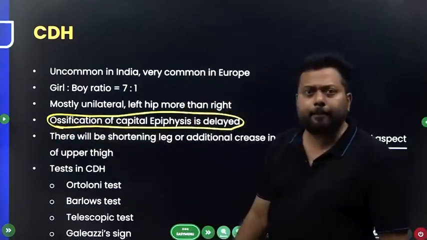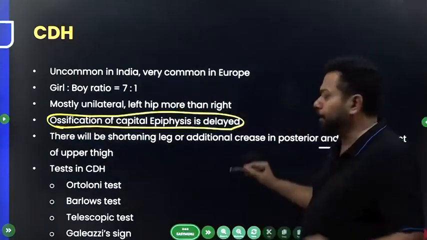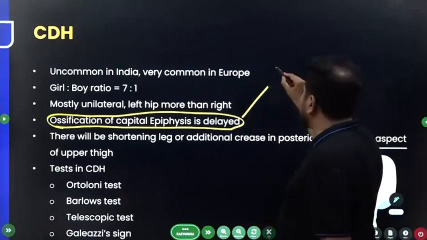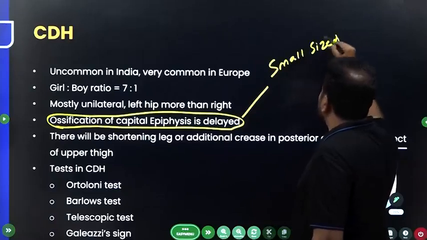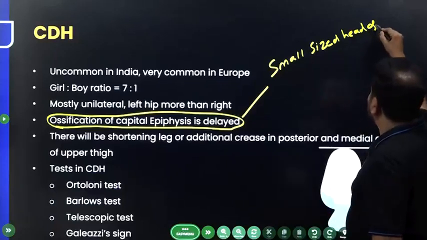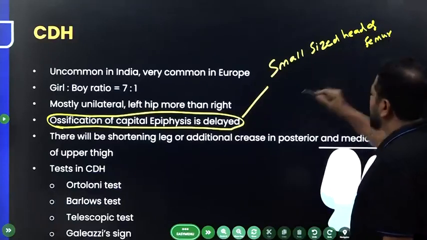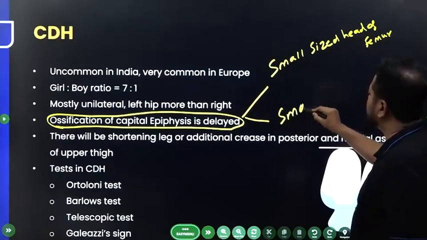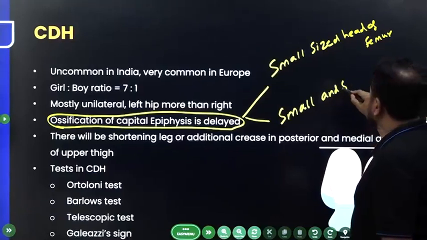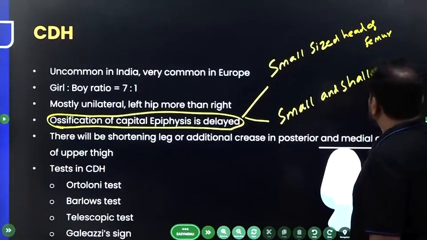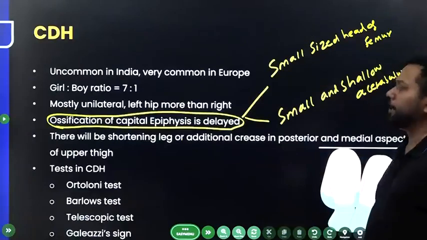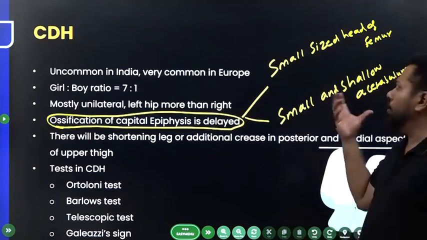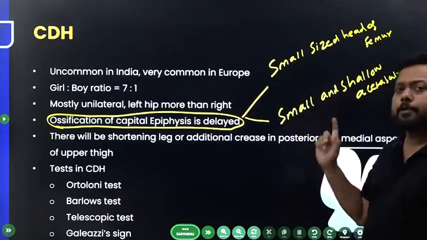This results in two deformities: a small sized head of femur, and a small and shallow acetabulum.